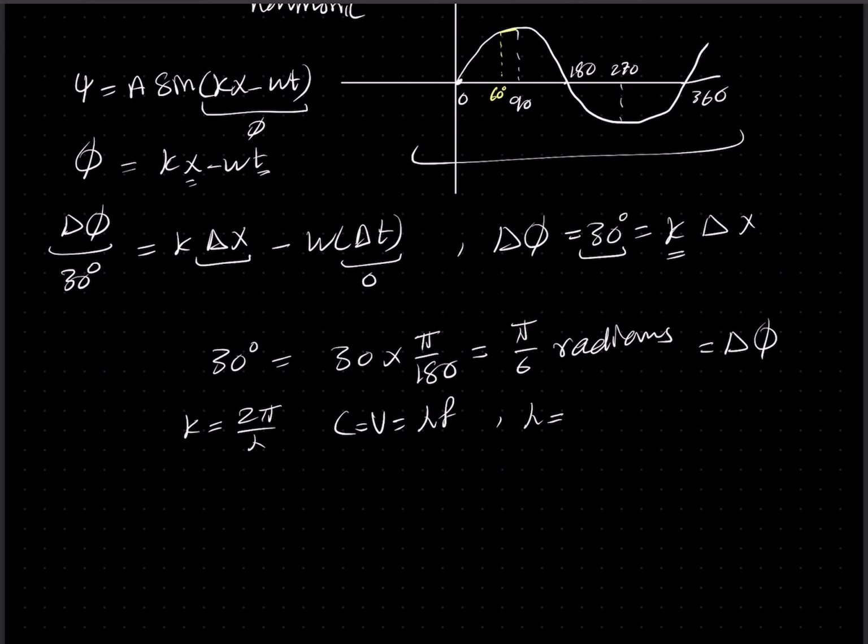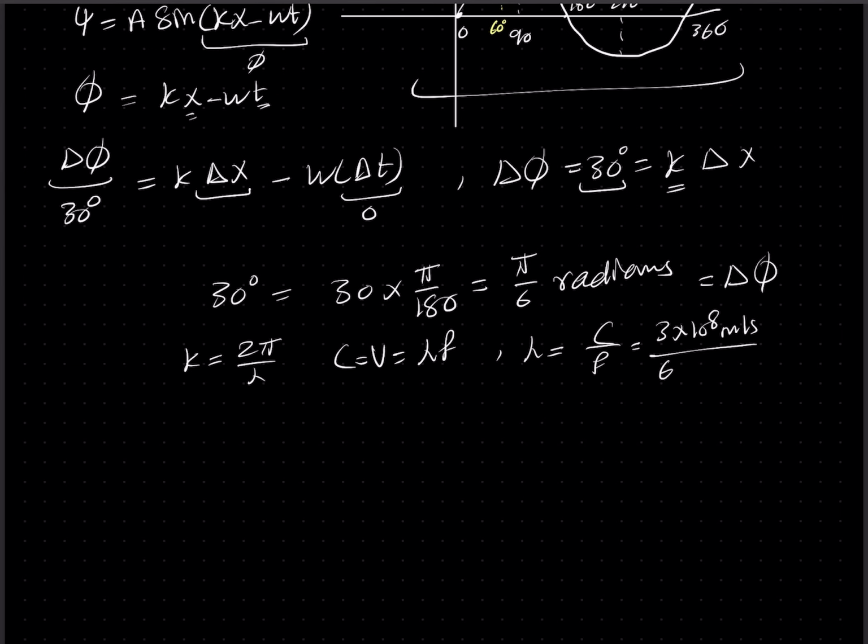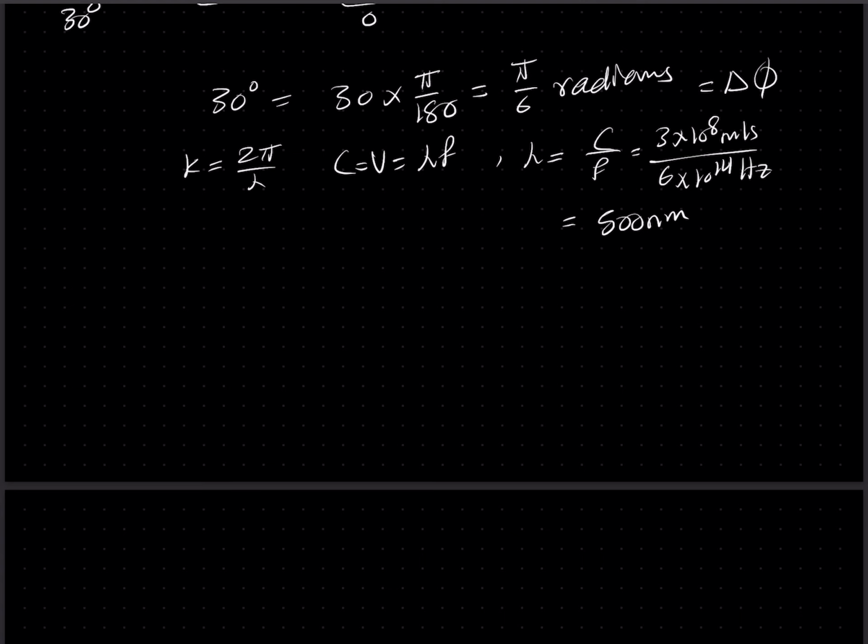So lambda will equal c over f, which equals 3 times 10 power 8 meters per second, divided by the frequency here, 6 times 10 power 14 hertz. And that gives us a lambda of 500 nanometers. So now k equals 2 pi divided by 500 nanometers. I'm going to keep it like this for now.